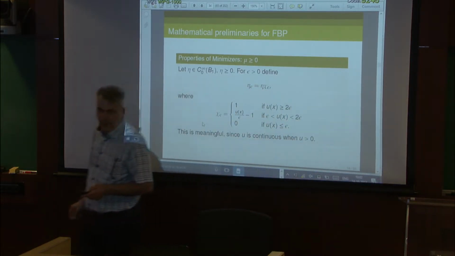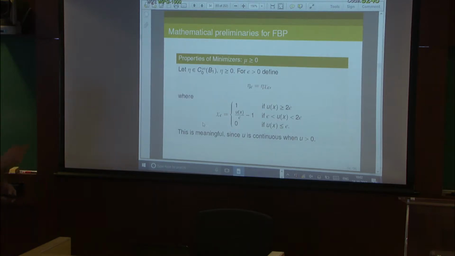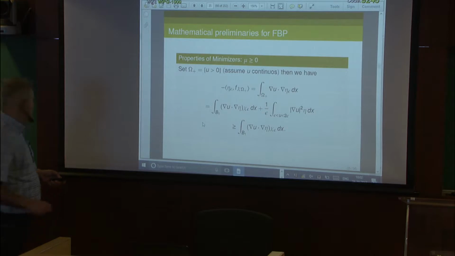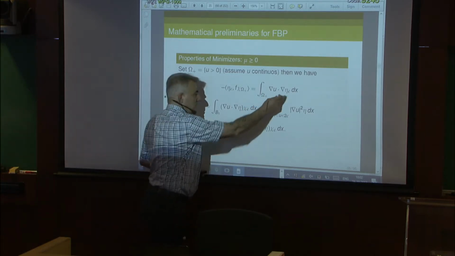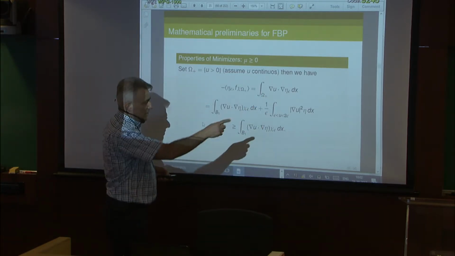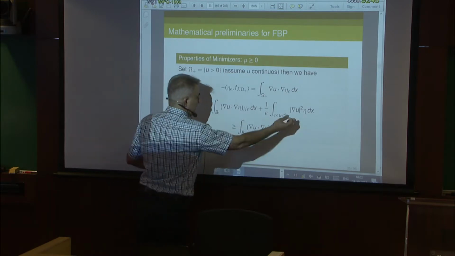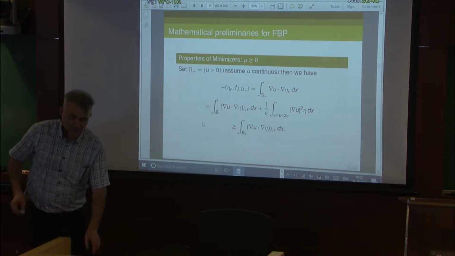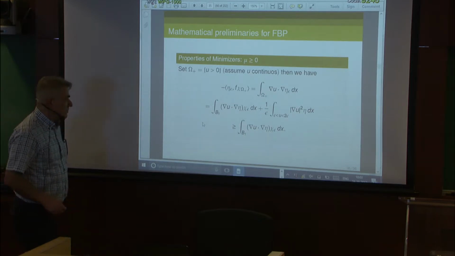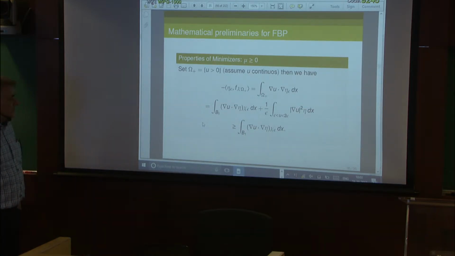Now when you apply gradient to eta epsilon, that's the product rule. So gradient applied to eta epsilon, that's the product rule, and this is what you get. So please try to verify this for yourself.